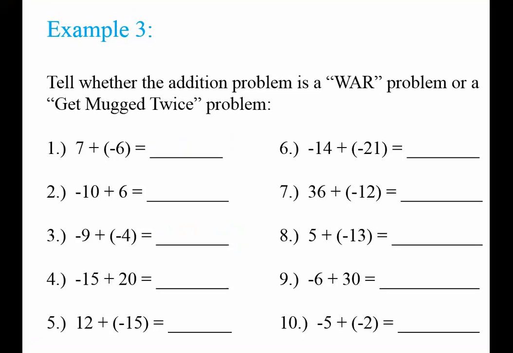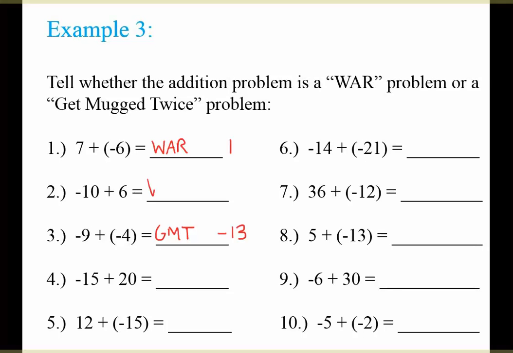Okay, let's take a look at number 2. We've already done numbers 1 and 3. For number 2, that is a definite war problem. And the negatives win. They win by 4. Okay, number 4, hopefully you had it down as a war problem.